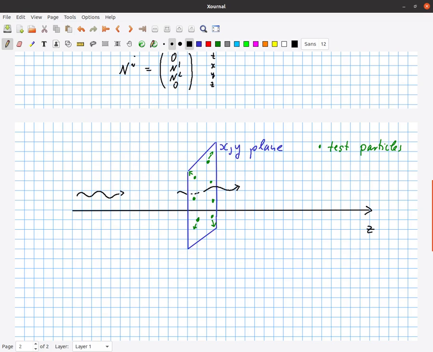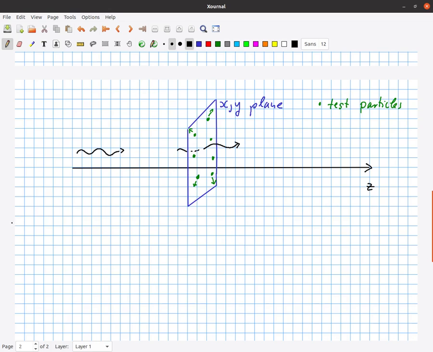Let's write down the equation that governs the behavior of these nearby test particles, and this is precisely what the geodesic deviation equation does. This means we have a wave propagating along the z direction.